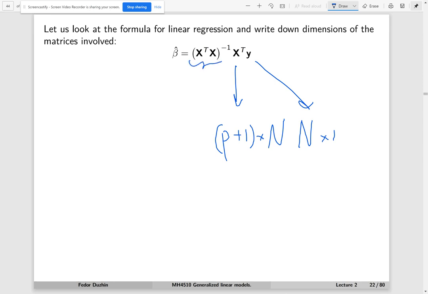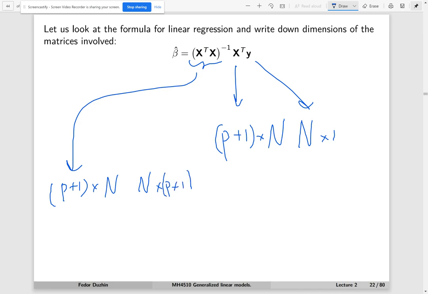Now, X transpose X: X transpose, as we know, is p plus 1 by n, and X is n by p plus 1. So X transpose times X is going to be p plus 1 times p plus 1. Inverting the matrix does not change the dimension. Of course, it's still going to be p plus 1 times p plus 1.